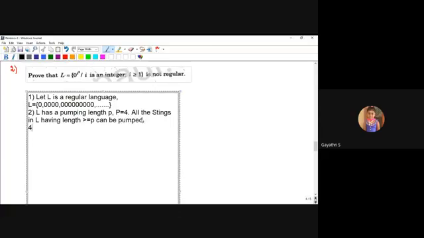So in the next step, I will choose the string. Let us choose S equal to this one, 9 times 0. So the next step, we are going to pump the string.